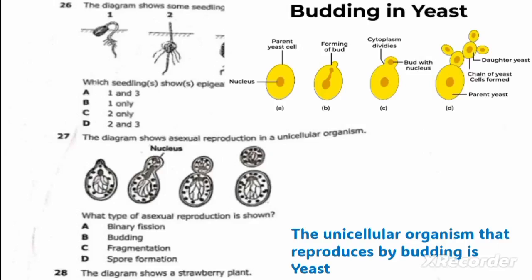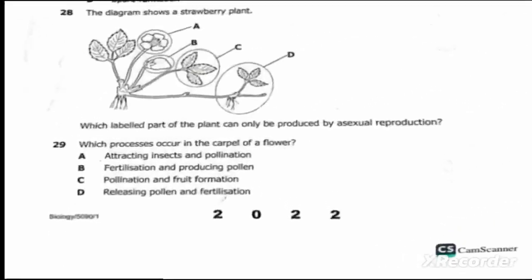Binary fission leads to production of two identical daughter cells. Our correct answer is B. We shift to question 28.